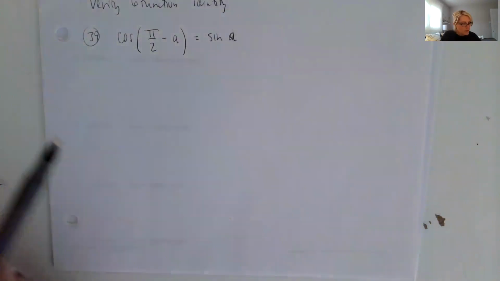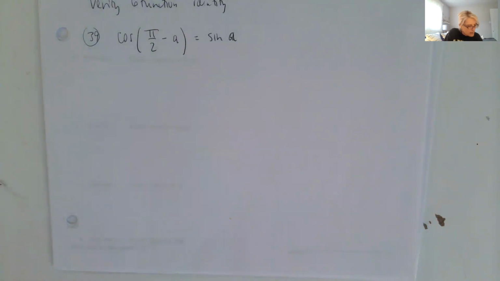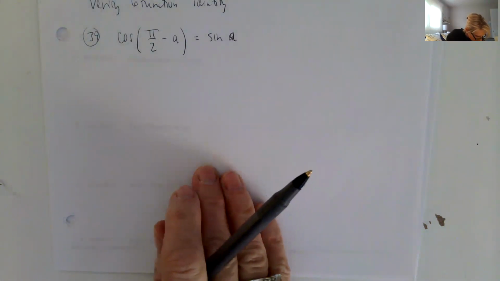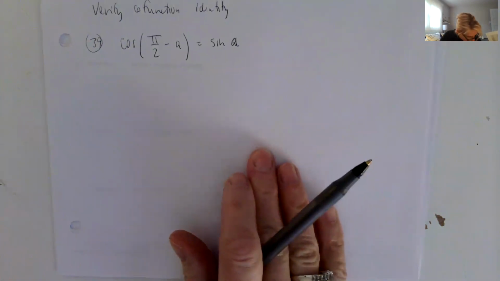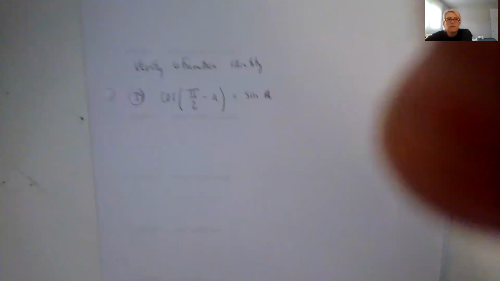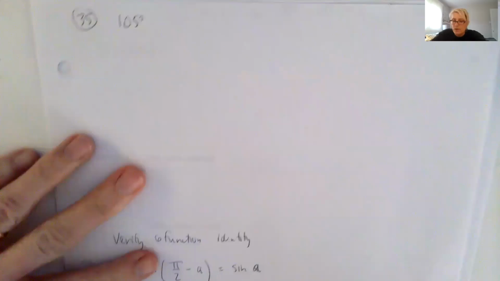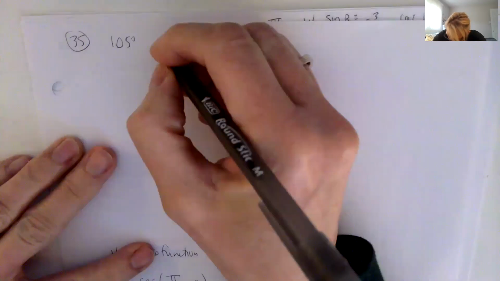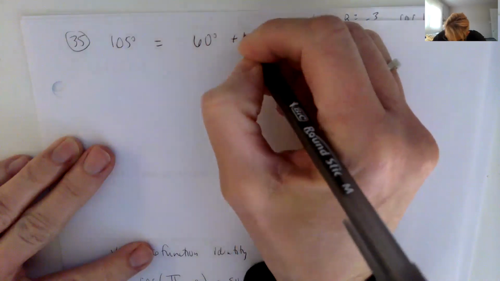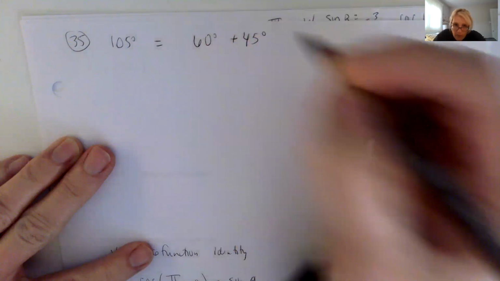Okay, 35 is wanting us to find the sine, cosine, and tangent, and the degree is 105 degrees. So we can break that into a sum of 60 degrees plus 45.